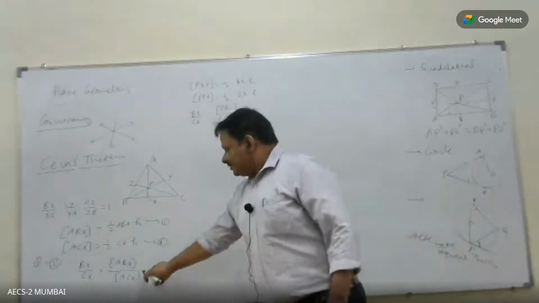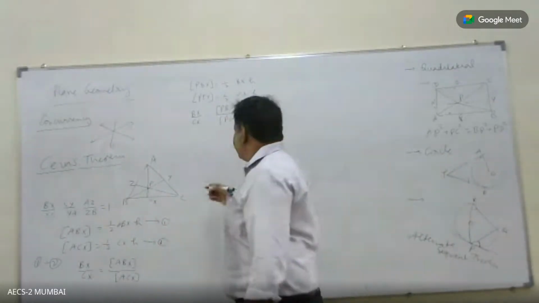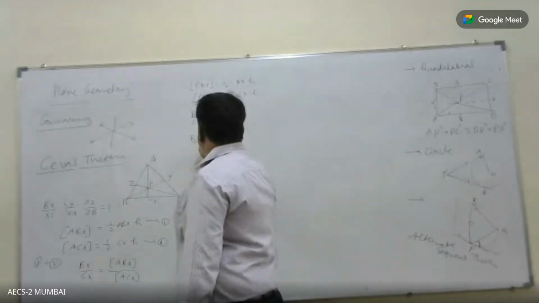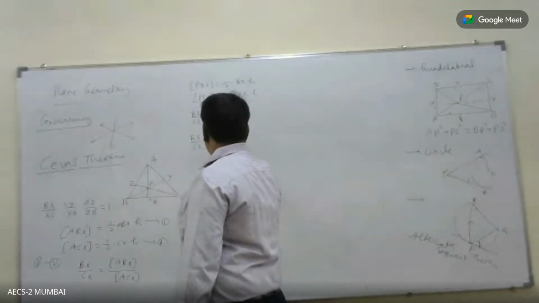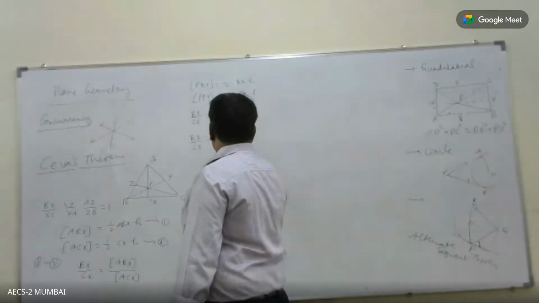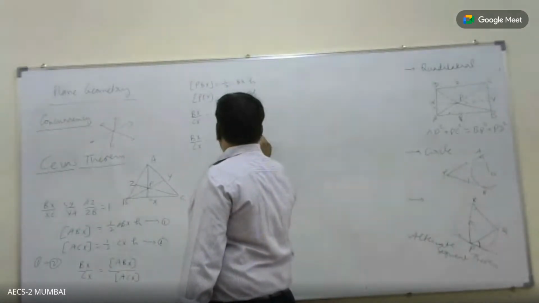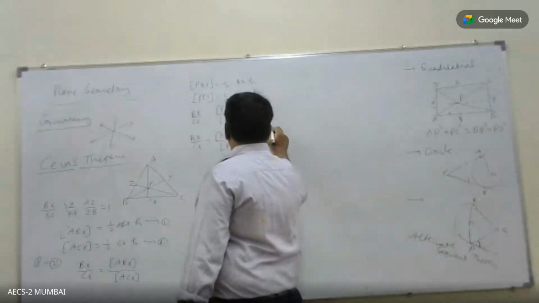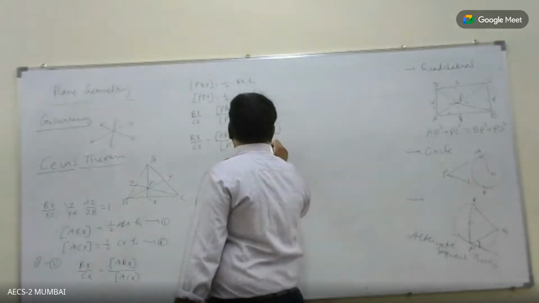So combining these two results, we have BX by CX equal to area of ABX by area of ACX equal to area of PBX by area of PCX.